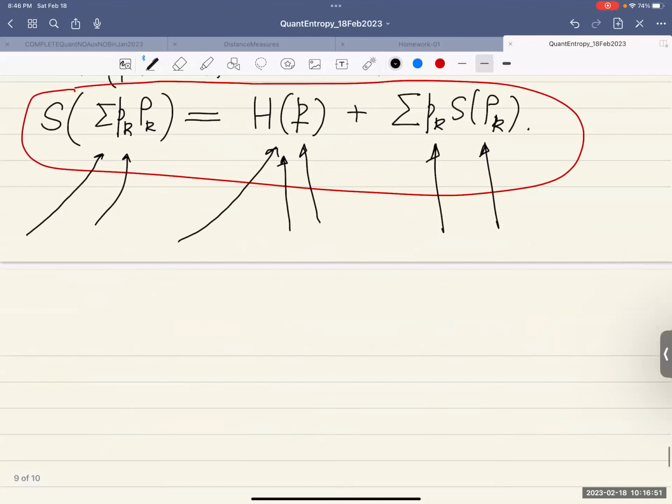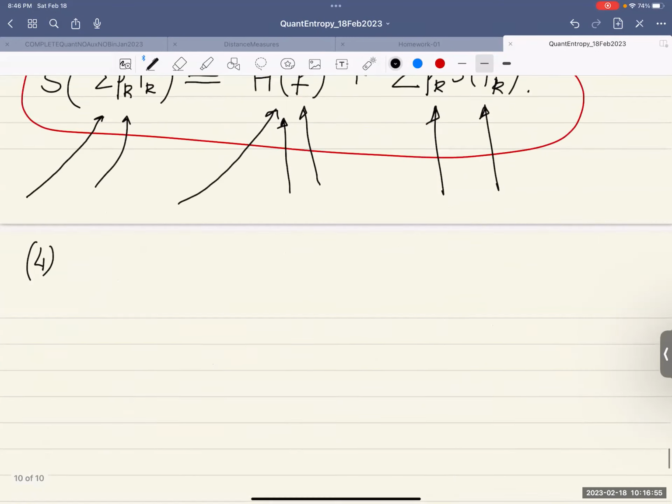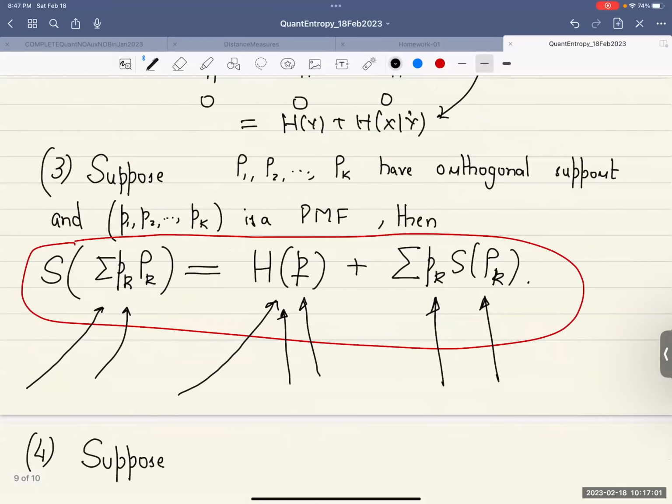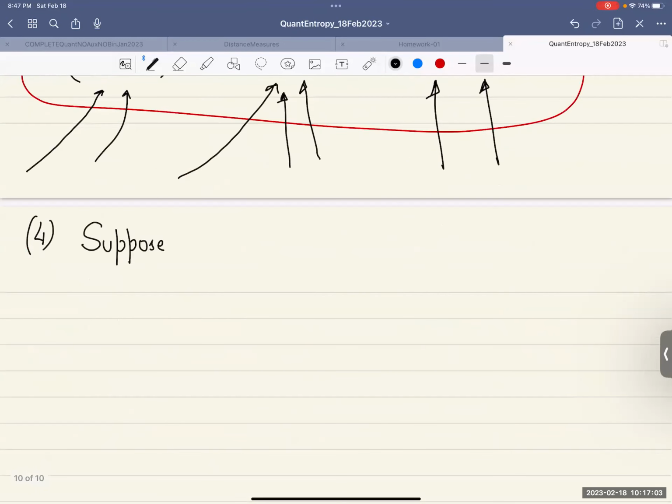I'll state one more last thing and then we'll come to the proofs. In the previous lemma, I needed rho 1 to rho k to have orthogonal support, but now I'll do a slightly trivial extension of that.